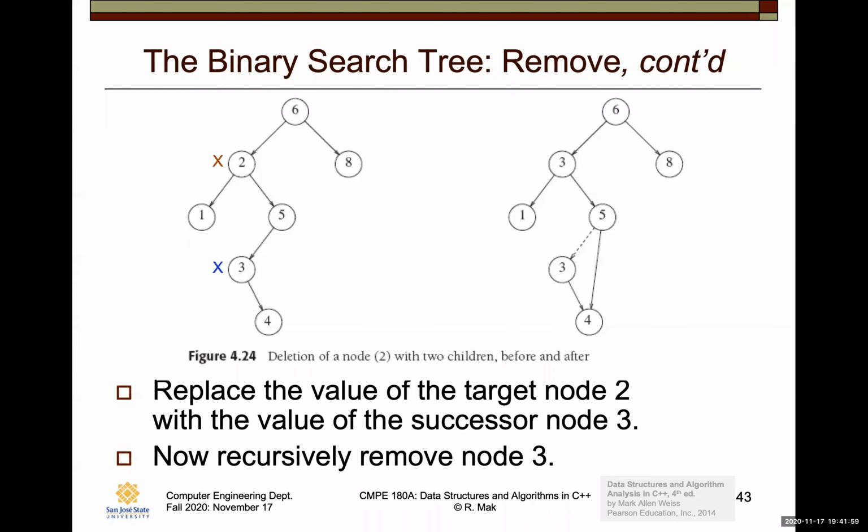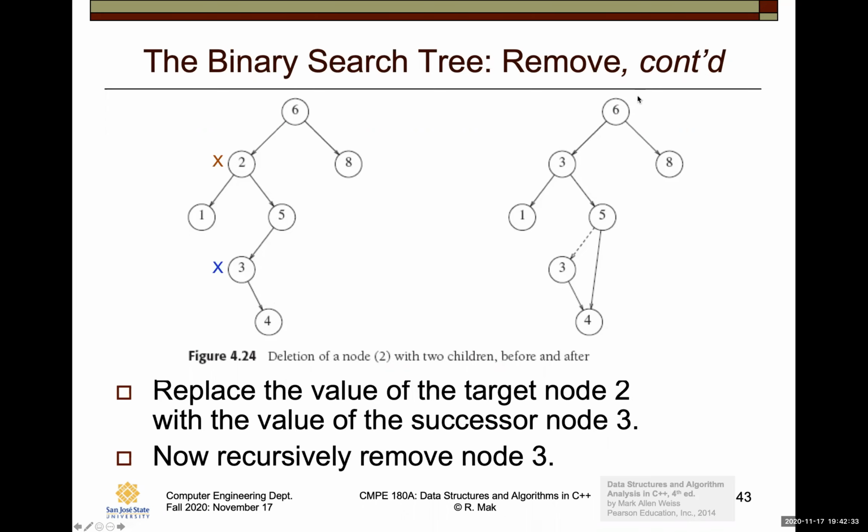Okay, so it can have either 0 children or 1 child, and we know how to remove those, right? If the 3 had no children, we just remove the 3. And if the 3 has 1 child, then its single child then becomes the child of its parent, okay? And so the 4 then becomes the left child of the 5, and the 3 is gone, okay?